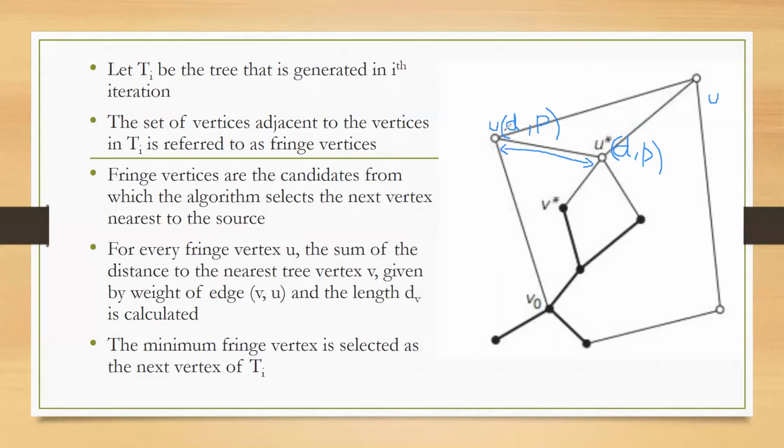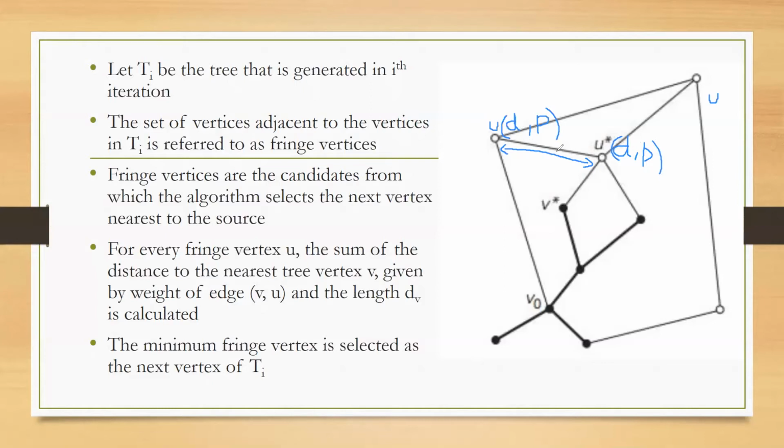You are supposed to add the distance between U and U star plus the distance of U star. If the distance value in U is lesser than whatever you have added, then you don't have to update this U. Keep it as it is.